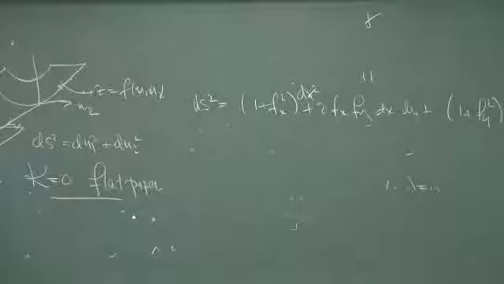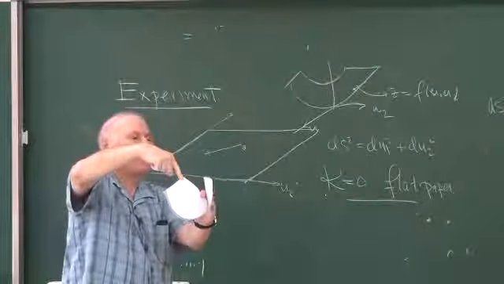Okay, so I deformed it, but the distance between two points on the paper is measured along the paper. If I want to know the distance between this point and this point, not this way, that's not allowed. It means you're Columbus, you have to go all the way around, you can only be on the surface of the earth.